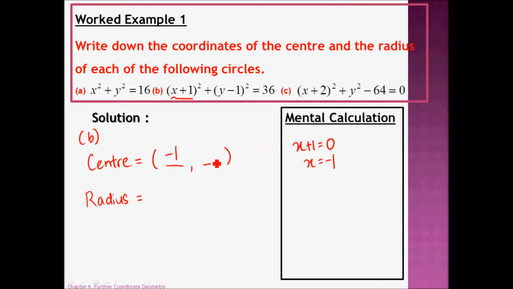Next, to get the y-coordinate, we let y minus 1 equal 0. Here, y minus 1, y will then equal 1. Hence, 1 is the y-coordinate of the center. Next, to get the radius of this circle, we take the square root of 36. The answer will be 6 units.